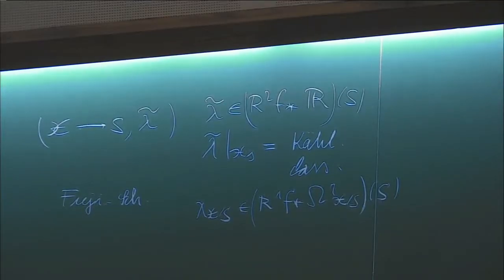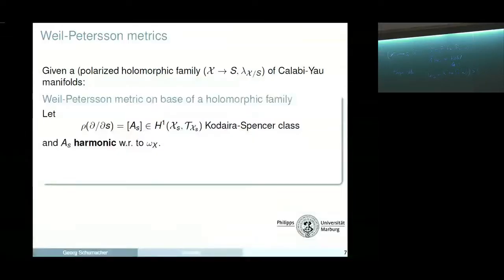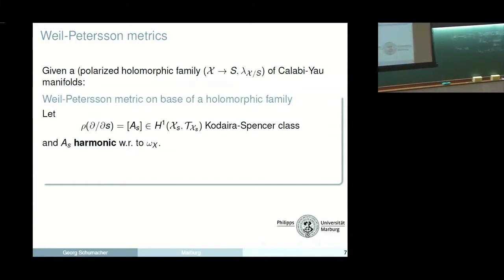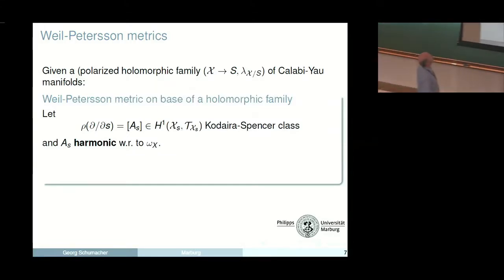Okay, now we can see that we have Kodaira-Spencer classes, and the Weil-Petersson metric on the base of a holomorphic family is given exactly like in the classical case. Namely, one takes the L2 inner product of harmonic representatives, and this is exactly what André Weil suggested.